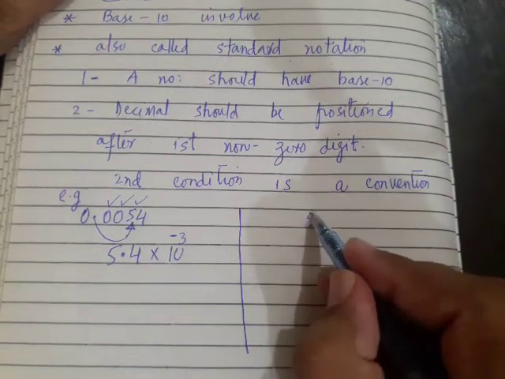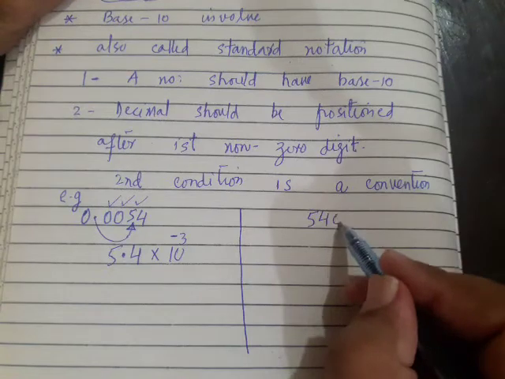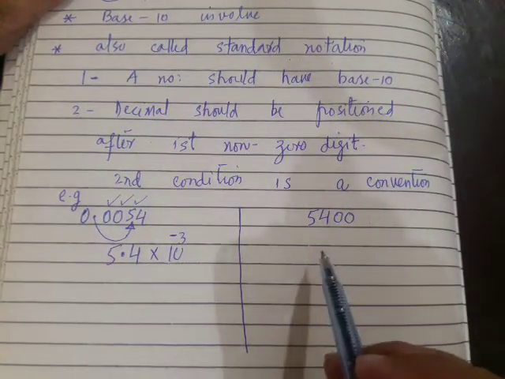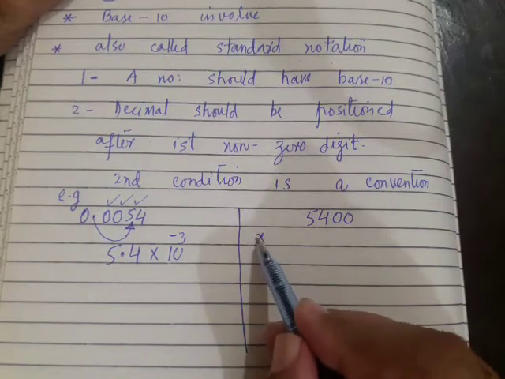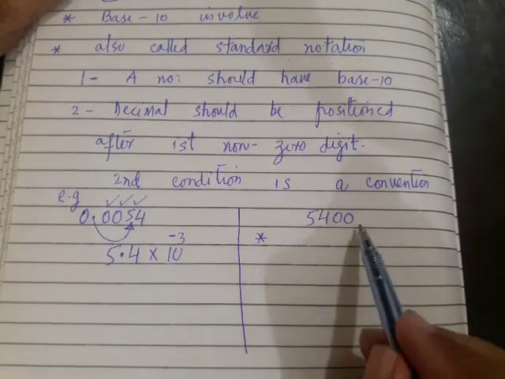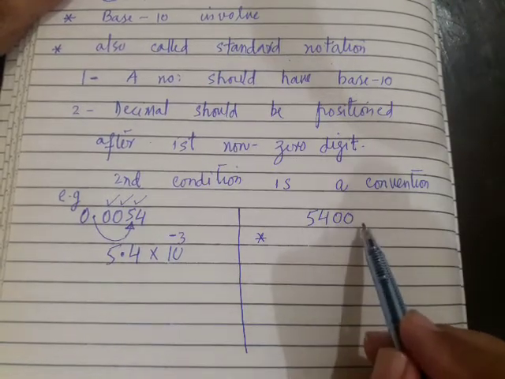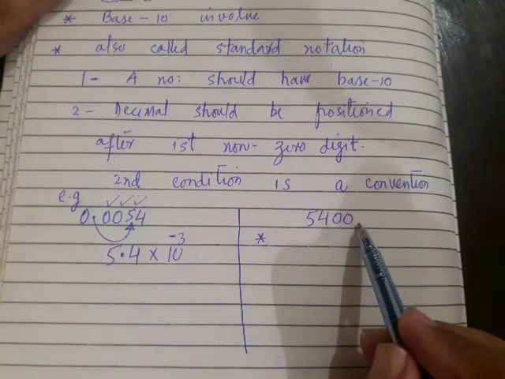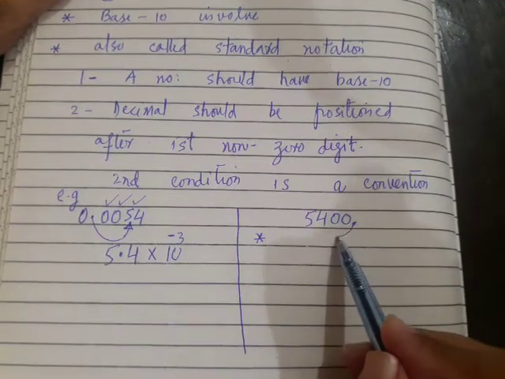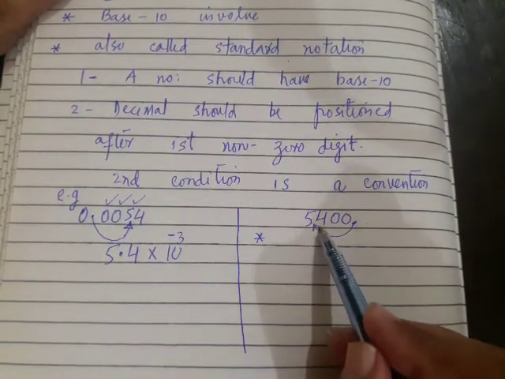Similarly, let's suppose we have a number 5400. In this number, the first step is to identify the position of the decimal. When you see no decimal, it is understood that it is at the end. From the end, we move it to after the first non-zero digit.